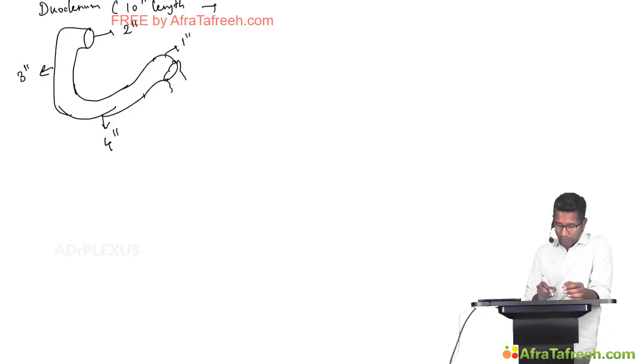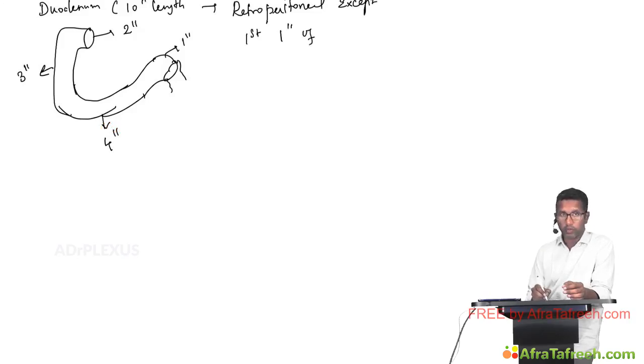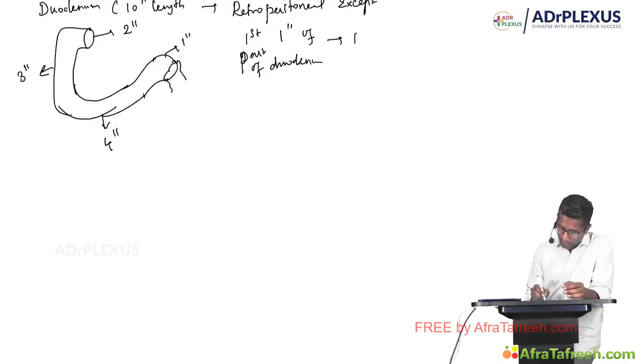The entire duodenum is a retroperitoneal organ, except the first 1 inch of the first part of the duodenum, which is surrounded by the lesser omentum, so that is intraperitoneal.